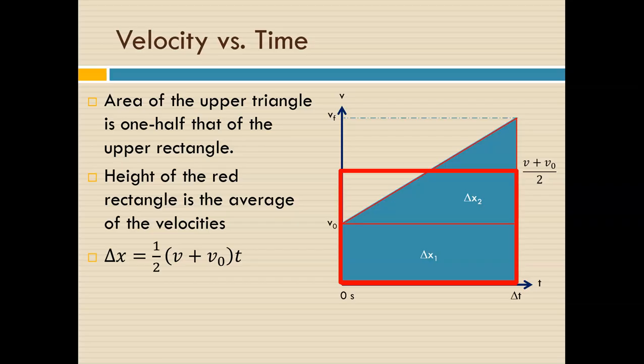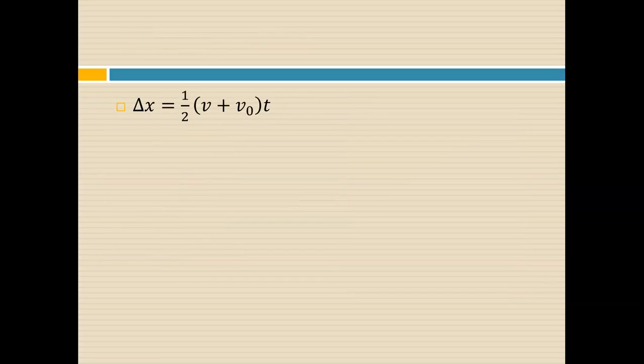Notice I built that one just by pure geometry, right? Now I'm going to build one with pure algebra. Okay, so how do we do it with pure algebra? Simple. We're going to start off with that expression, delta x equals 1/2 (v plus v0) times t. What I want to do this time is get rid of the time function. I want to get rid of the t. Okay?